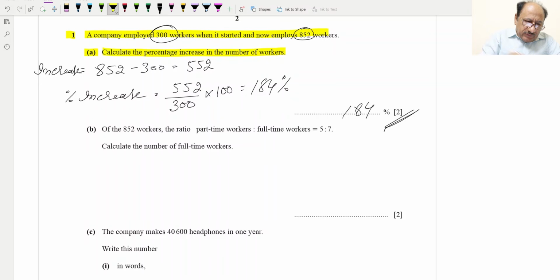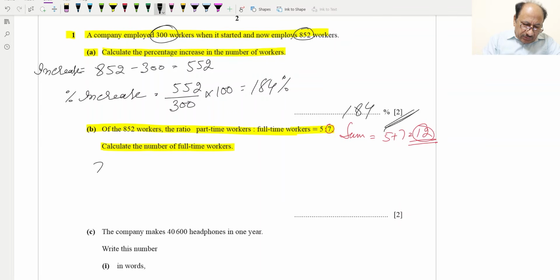Now part B. Part B says of the 852 workers, the ratio of part-time workers to full-time workers is this one. So we'll check the sum of the ratios. The sum is equal to 5 plus 7, which is 12. Calculate the number of full-time workers, and keep in mind full-time are 7 portions out of 12.